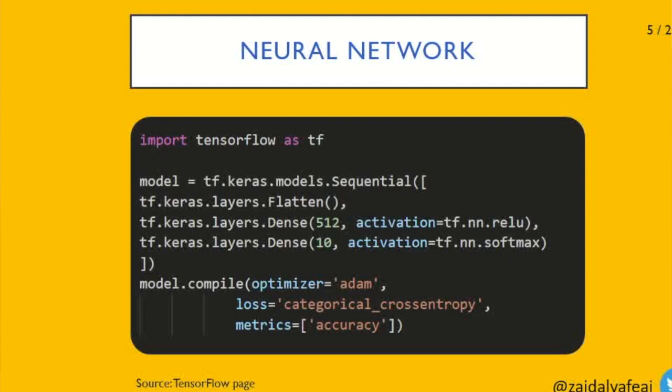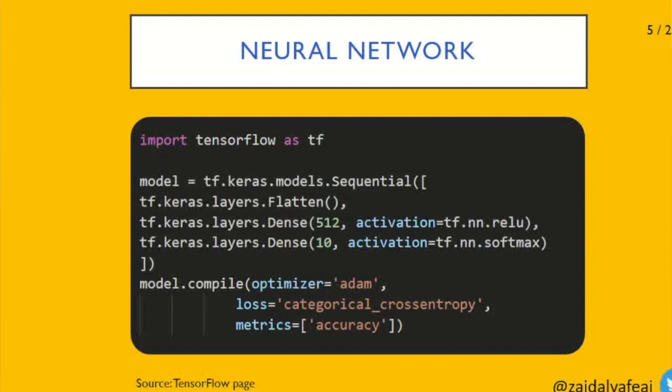The loss calculates how well your model is learning. There are a couple of loss functions. Categorical cross entropy calculates loss for classification problems.